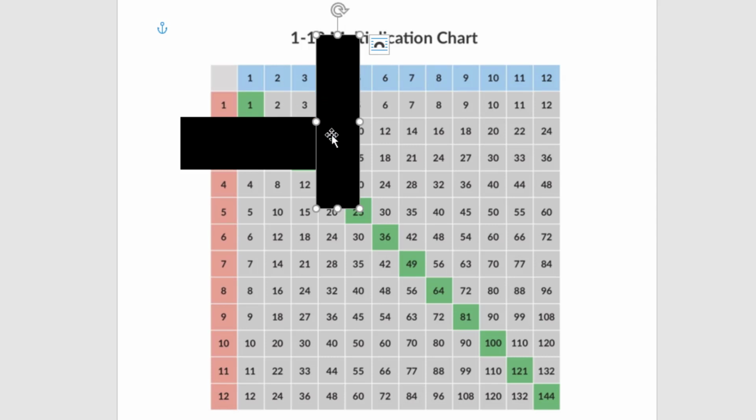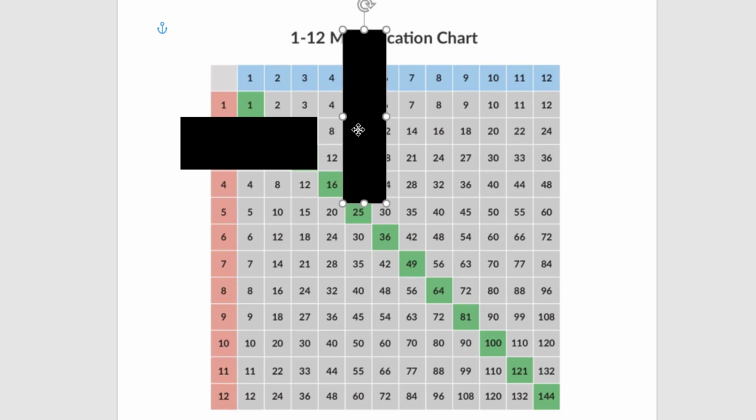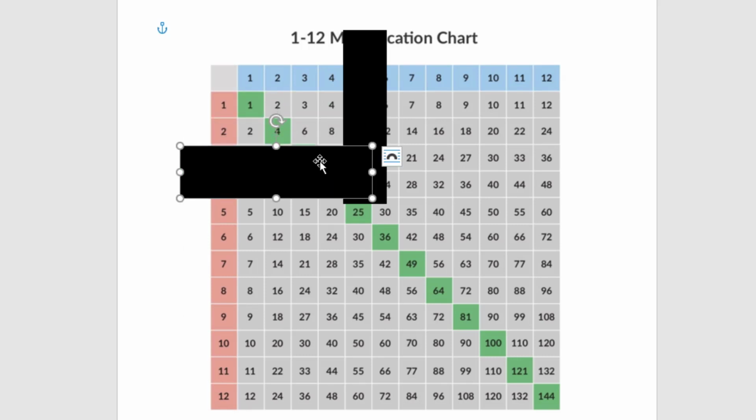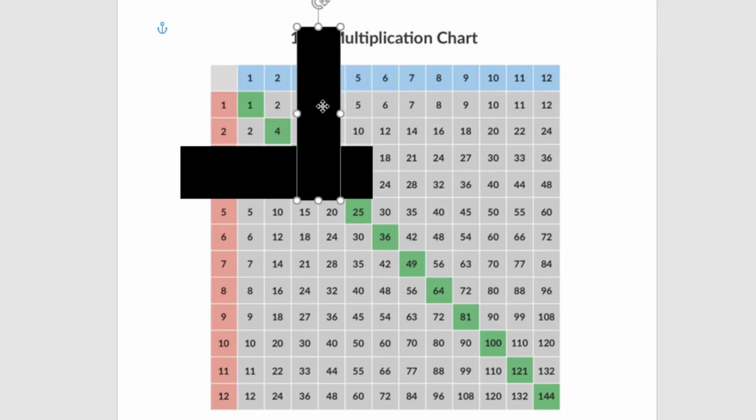Now let's look at 4. 4, I'm going to make this bigger. 4 appears here, where I have 1 times 4 to get 4, but it also appears here, where I have 2 times 2 to give me 1, 2, 3, 4 squares. And those 4 actually make a square.